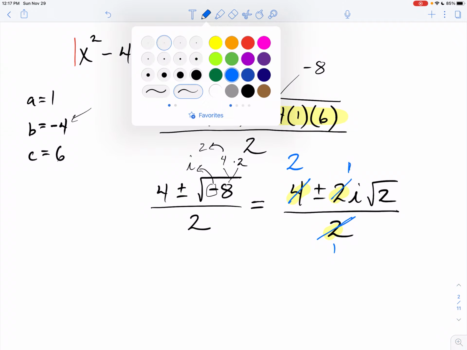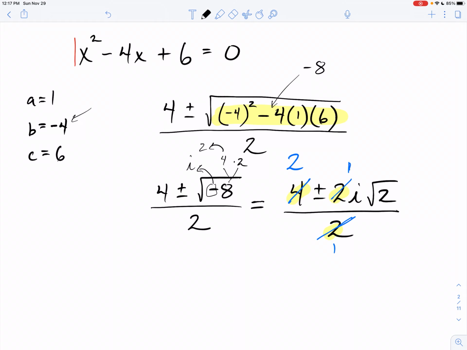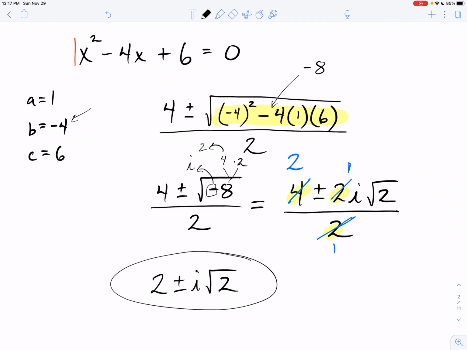So if I regroup all of that information, I'll have 2 plus or minus 1i, or just i, rad 2 over 1. But remember, we don't have to write it over 1. If it's over 1, same thing as saying, boom, that's my answer.